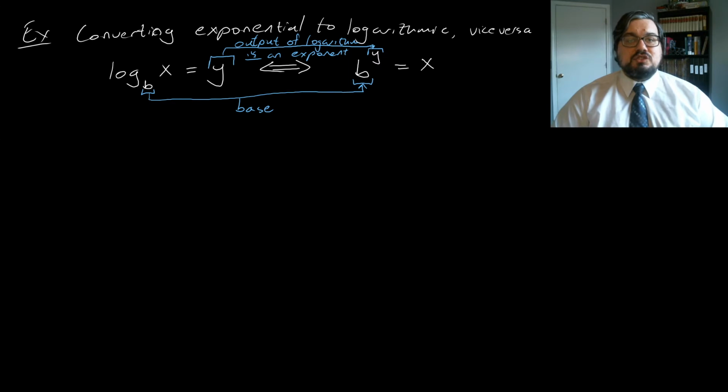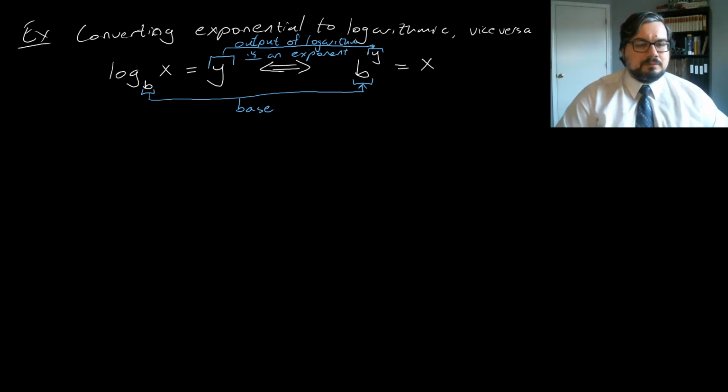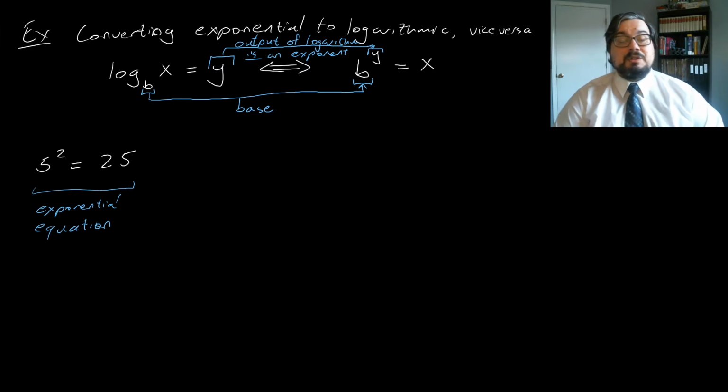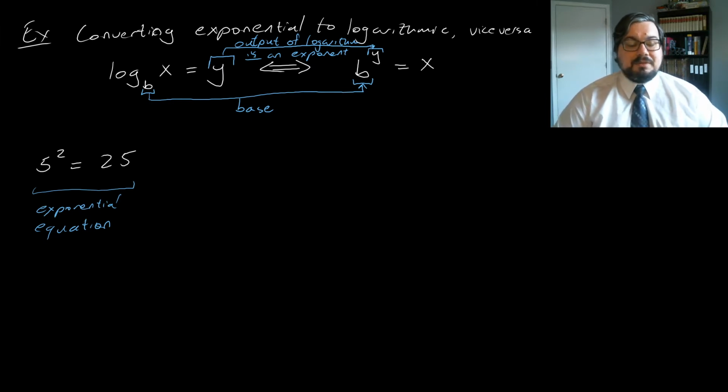So let's do a few examples. We know that 5 squared is equal to 25. This is an exponential equation. It involves a base, 5, an exponent, 2, and then the number on the other side, which is 25.